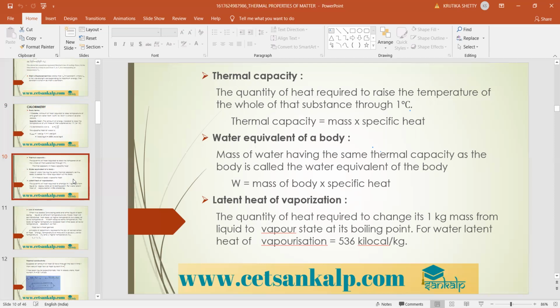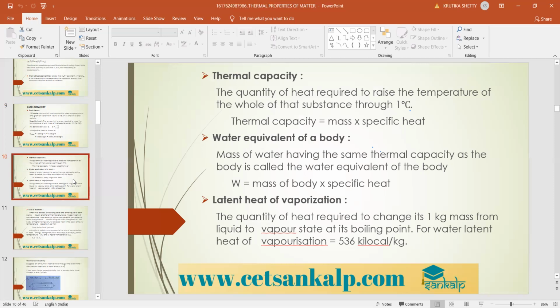Then, the water equivalent of a body: the mass of water having the same thermal capacity as the body is called the water equivalent of the body. It is given by W equal to mass into specific heat.